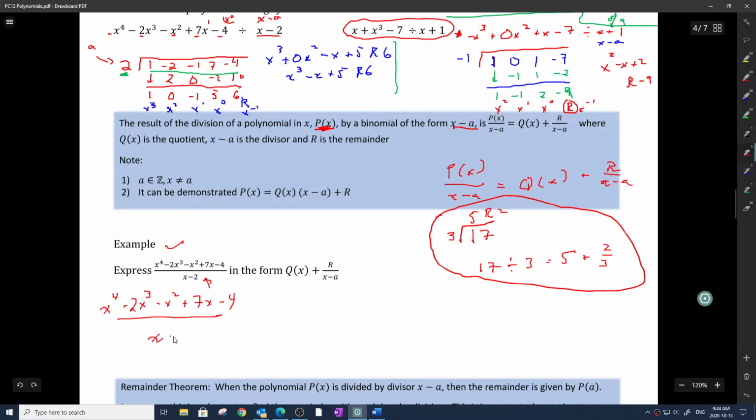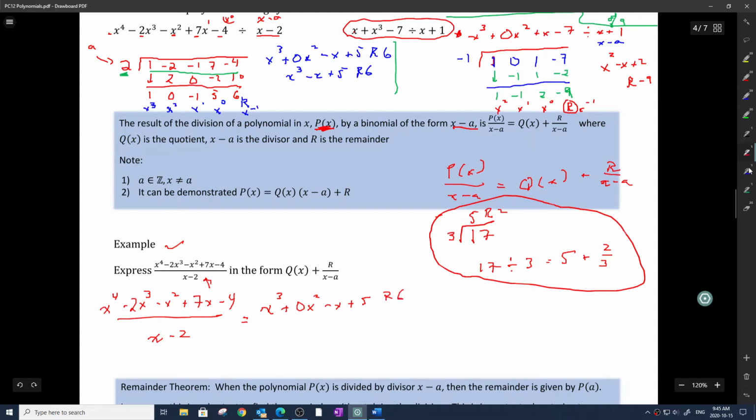And in fact, if you look to the work above, we know that this was equal to x to the power 3 plus 0x squared minus x plus 5 with a remainder of 6.